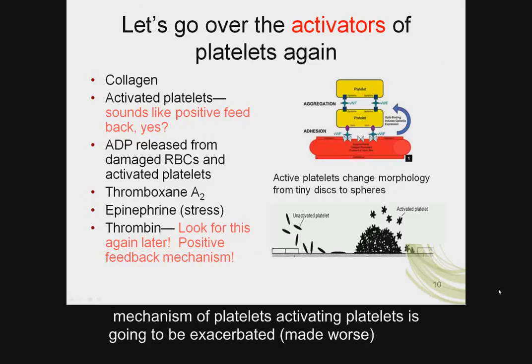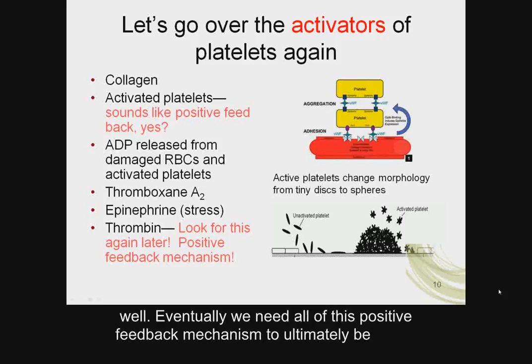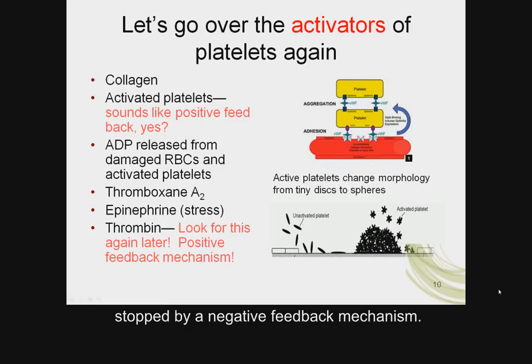So this positive feedback mechanism of platelets activating platelets is going to be exacerbated by thrombin. The actual clot starting to form can activate more platelets as well. Eventually, we need all of this positive feedback mechanism to ultimately be stopped by a negative feedback mechanism.